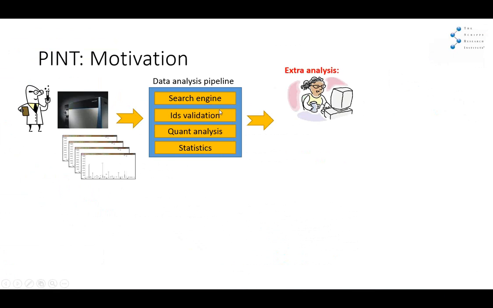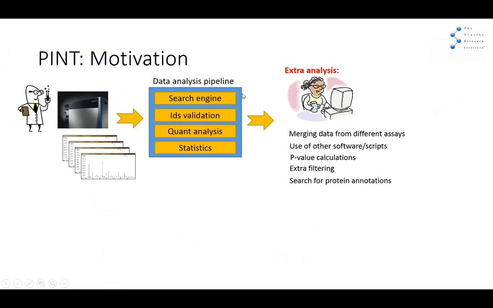this pipeline can be done by some known software, but it's also typical to have some extra analysis by the researcher, like merging data from different assays, use of other software or scripts that are not available or are developed in the own lab, or applying some custom statistics, like some custom p-value calculation or extra filtering to focus on some subset of the data, or even, for example, searching for protein annotations of the proteins obtained in the analysis.